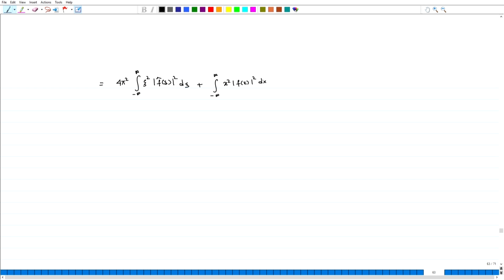Now this is a square plus b square, which is greater than or equal to 2ab. Therefore, this is greater than or equal to 2 times, 2 pi times the integral of xi square mod of f hat of xi square d xi whole to the power 1/2, into the integral of x square mod of f of x square dx whole to the power 1/2.